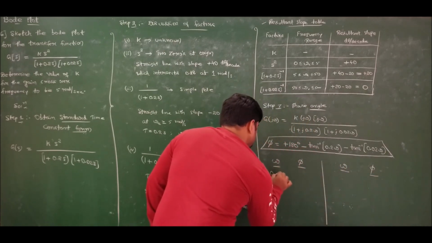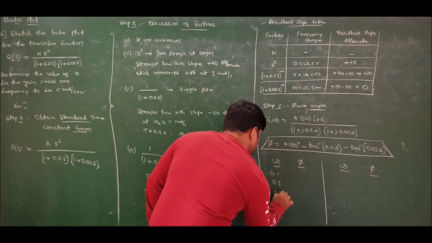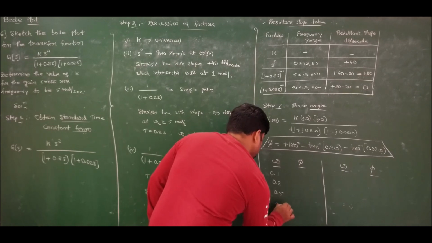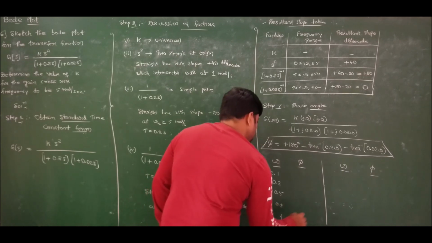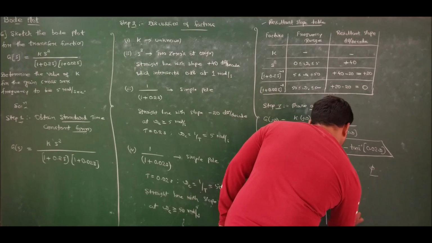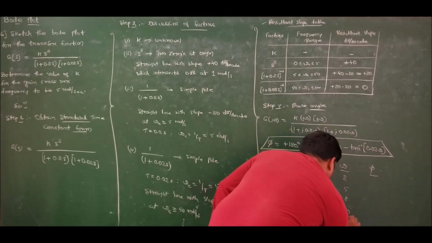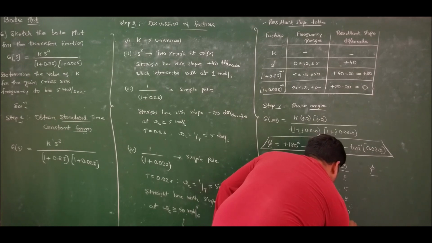Let me take the values as 0.1, 0.2, 0.5 and 0.8, 1, 2, then 5, 8, 10, and similarly I will take it for 50.